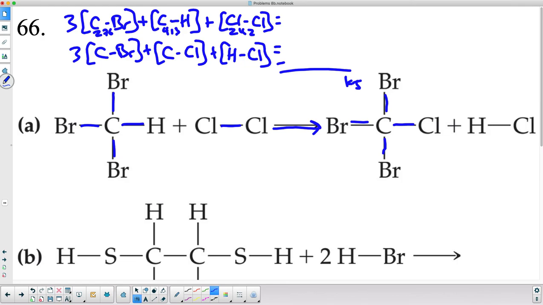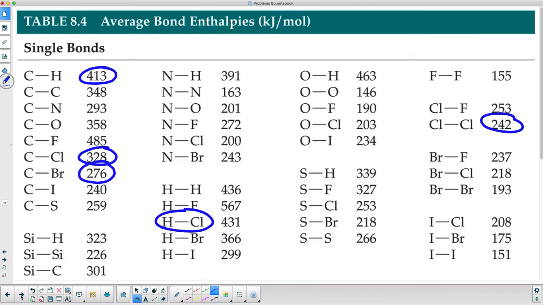So what I do is add that up. Let me grab my calculator. I got 3 times 276 for the first one, that's 828, plus 413 plus 242, which gives me 1,483. Good. On the product side, this is still 276. The C-Cl bond is 328, and the H-Cl bond is 431.